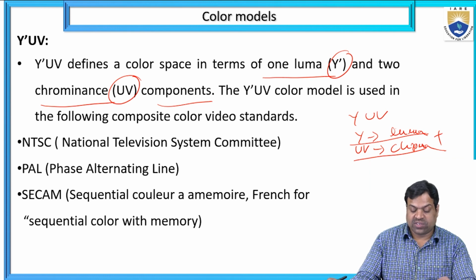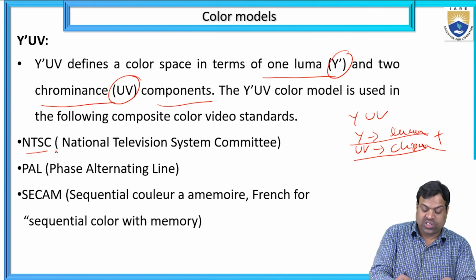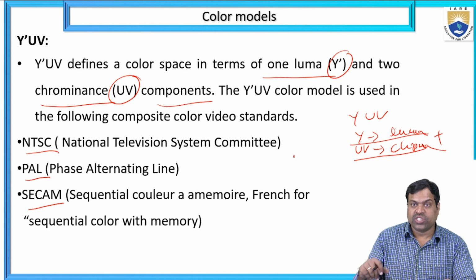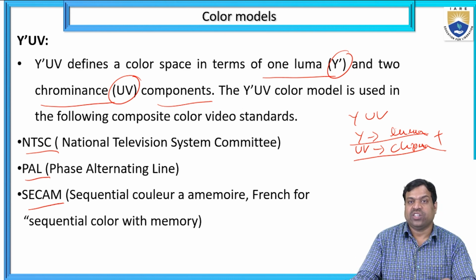So NTSC, National Television System Committee, and PAL, phase alternating line, and SECAM, sequential color, and A MEMOIRE, French for sequential color with memory. These NTSC, PAL and SECAM are the following composite color video standards. Those are YUV. So YUV is nothing but luma and chroma combined.